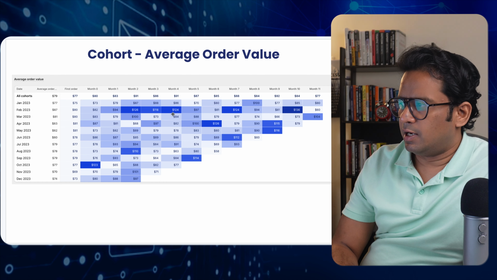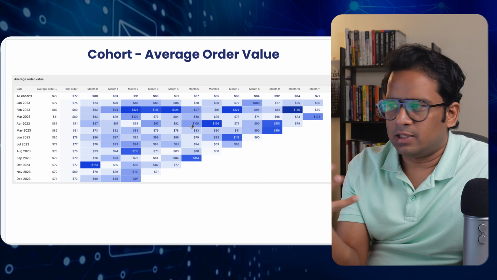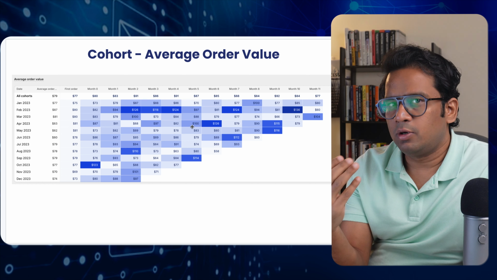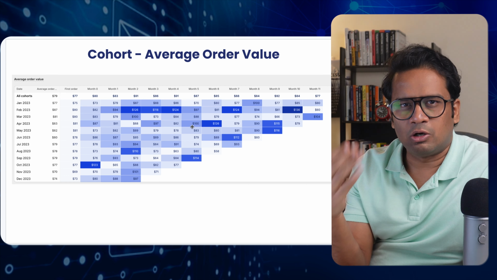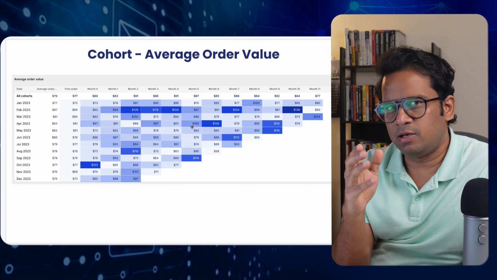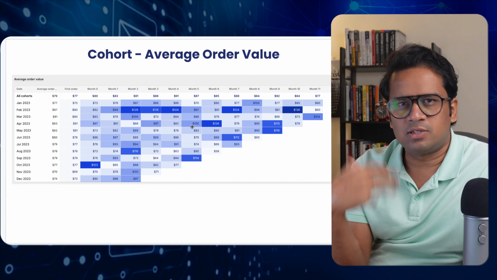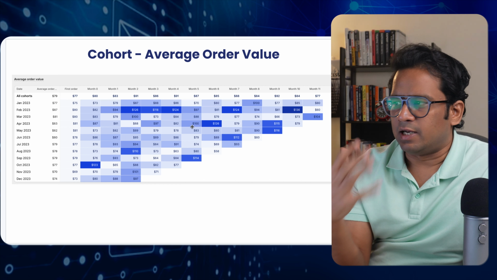But typically you can see what kind of average order value, and that's also the whole argument that the repeat customers buy more, or buy costlier items. The second purchase average order value will always be higher than the first purchase average order value, because there is trust and a social proof angle, and the customer likes the product.